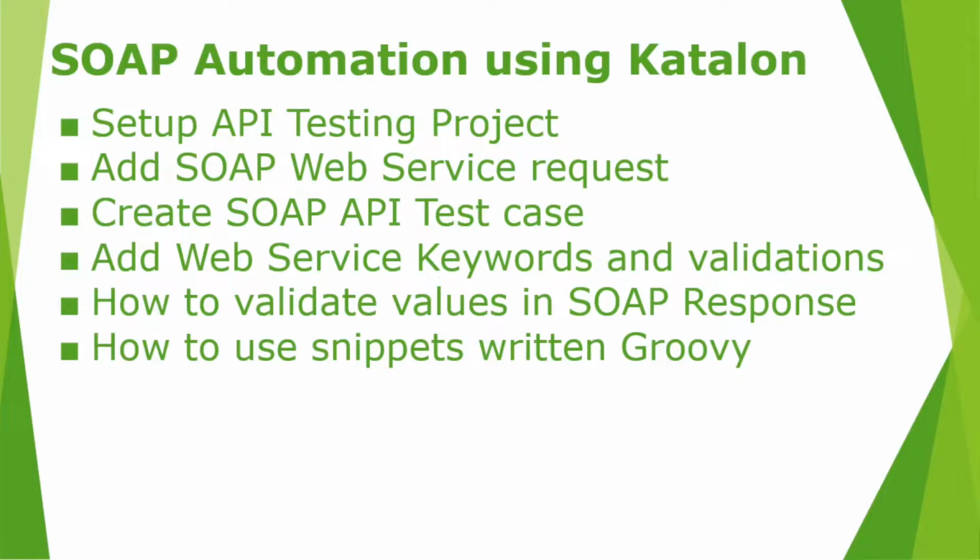And also I'm going to teach you how you can add web service keywords and validations for a given SOAP request message, how to validate the values in the SOAP response, and also how you can use the inbuilt snippets option provided by Katalon, which will write the Groovy language. I'm going to teach you all these concepts with an example by using the Katalon automation tool. So now, without delaying, let's jump onto the system and see how we can perform all these actions.